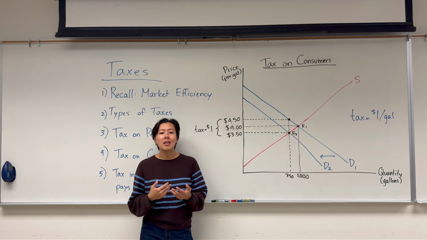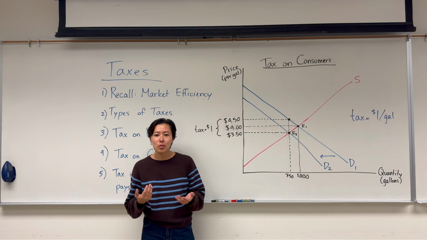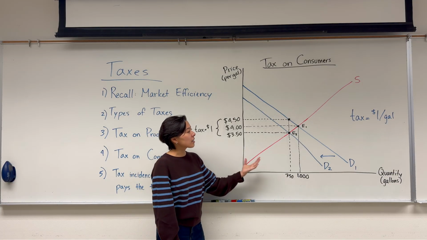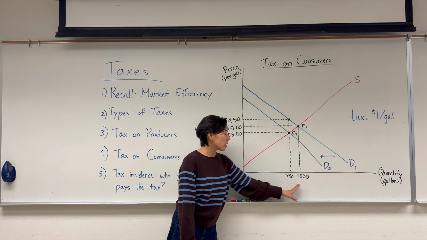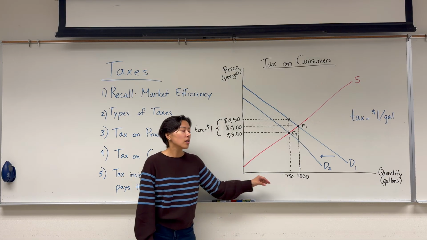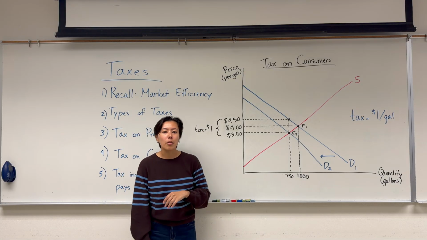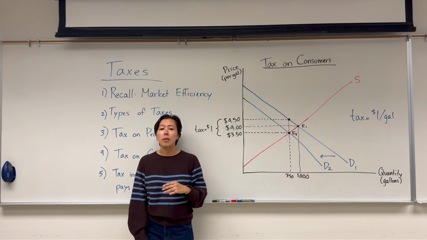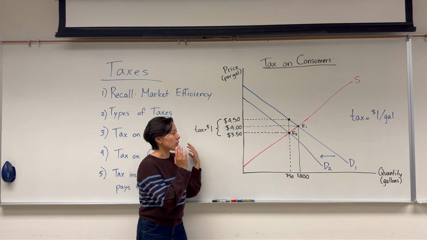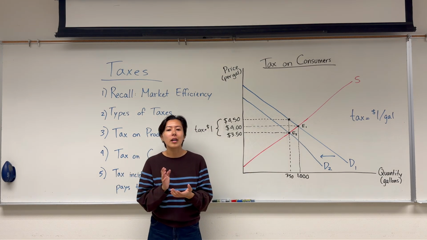They'll choose the option that makes them look better to their voters or their constituents, but the effect of the tax is going to be exactly the same. We still have this same reduction in the units that are sold. We have this same increase in the price that's paid by consumers, this same decrease in the price that's paid by producers. So the result of the tax is the same no matter what.